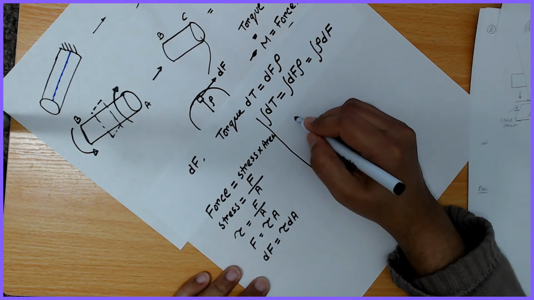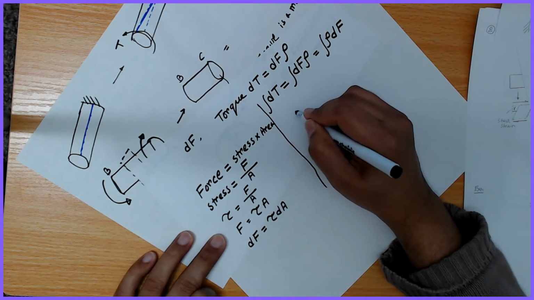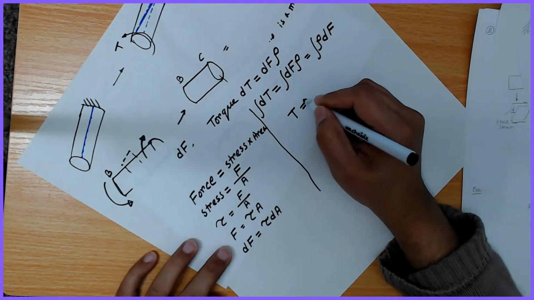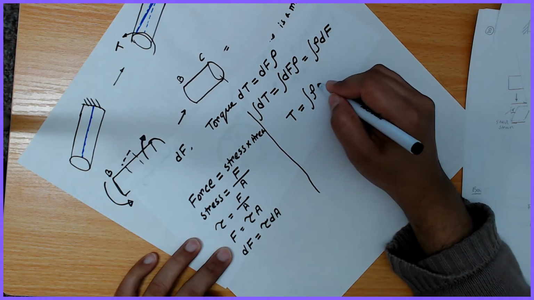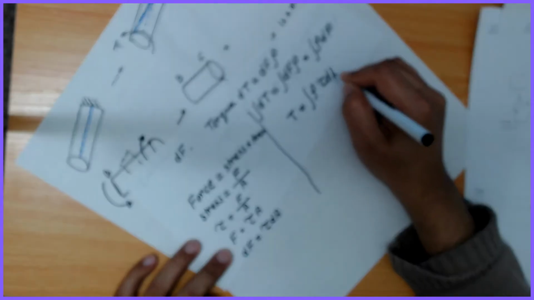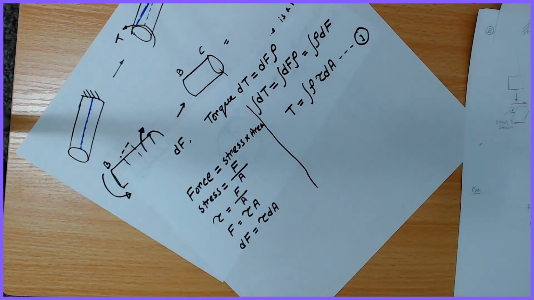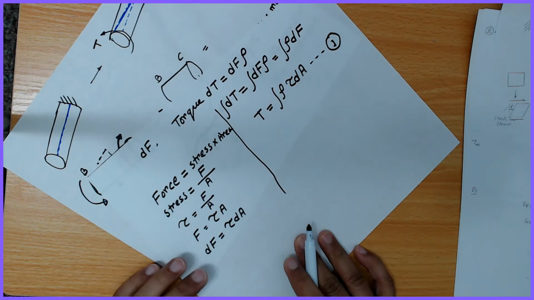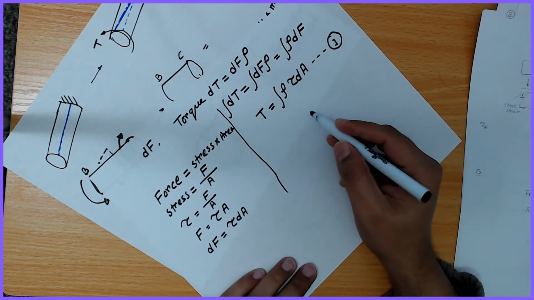We can say if dT we integrate, T equals the integral of rho tau dA. This is my equation 1. Okay, so we will come back to these equations later.